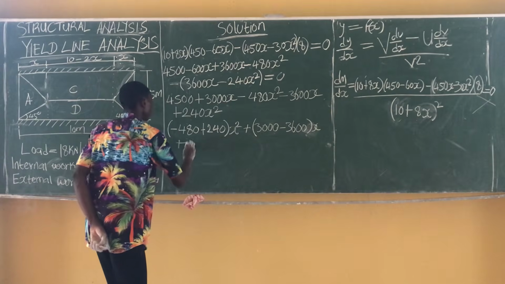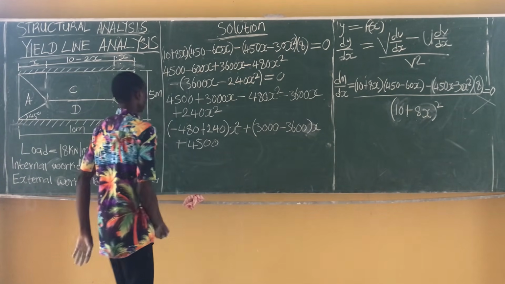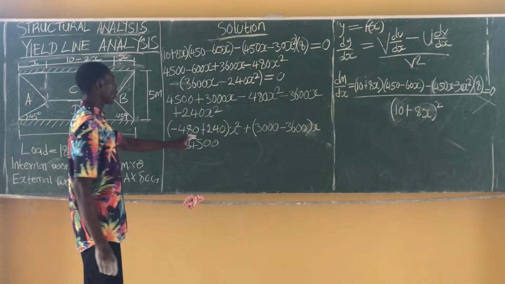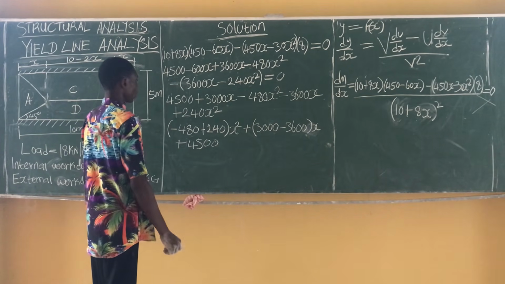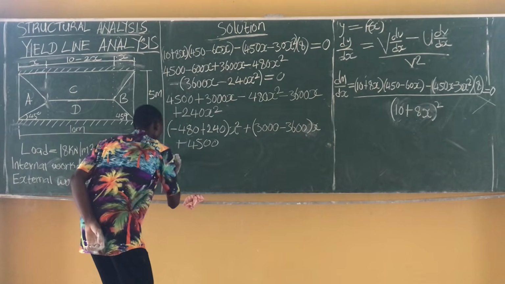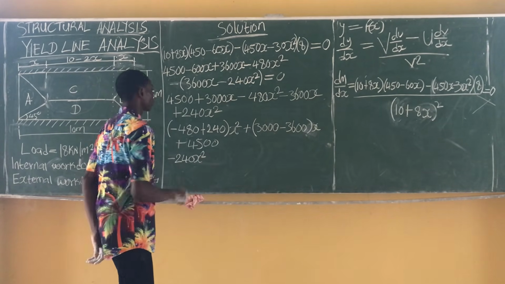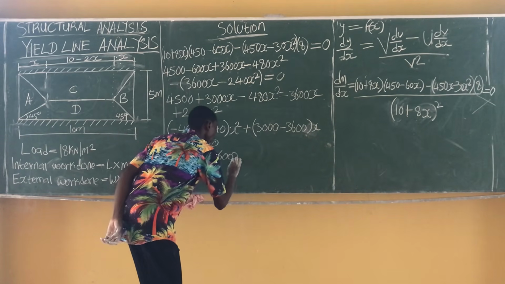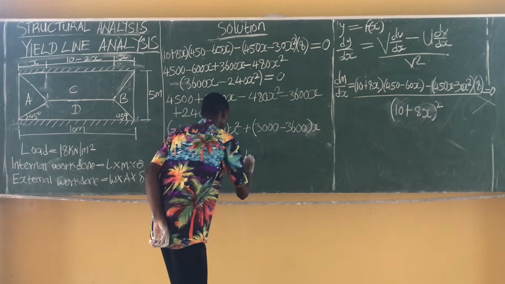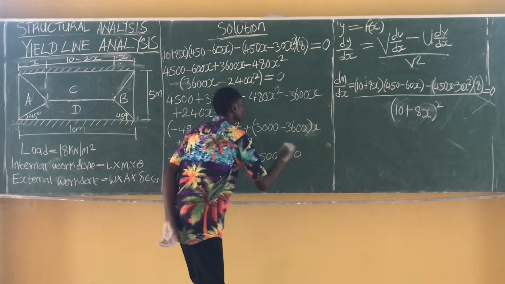Plus the constant 4500. So minus 480 plus 240 will give us what? Minus 240. So minus 240x squared minus 600x plus 4500 is equal to 0.